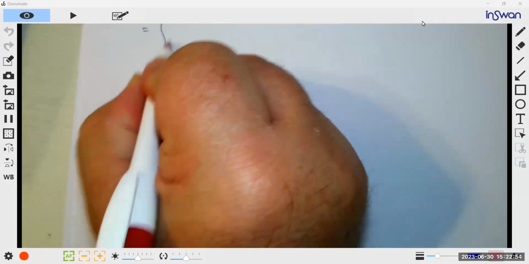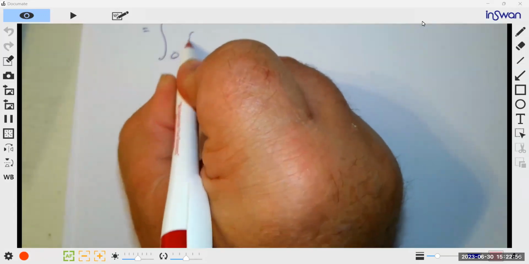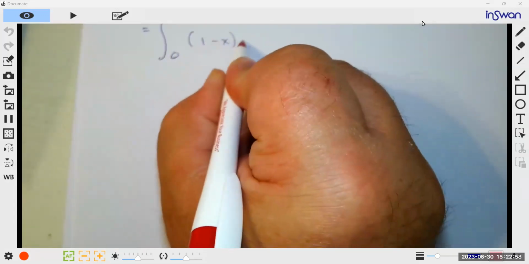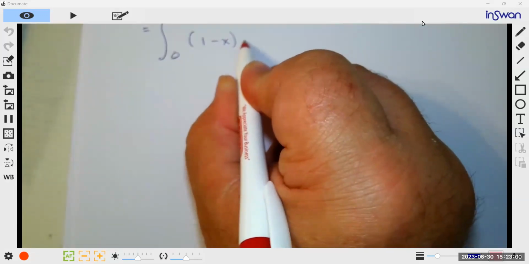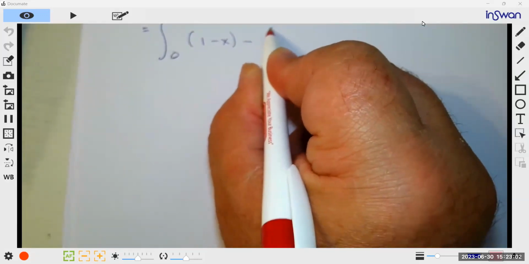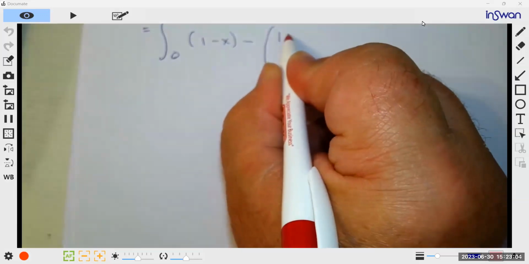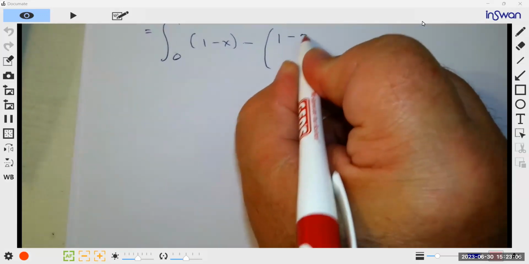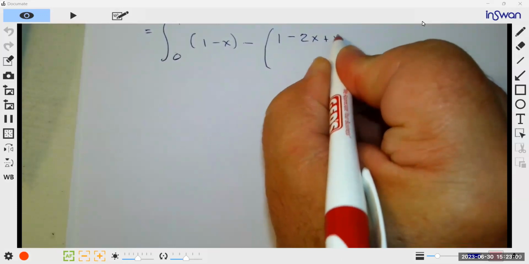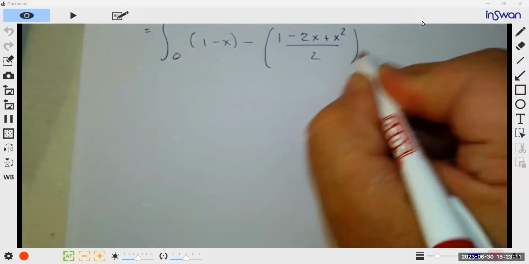So we have from 0 to 1 of 1 minus x, minus 1 minus 2x plus x squared over 2.